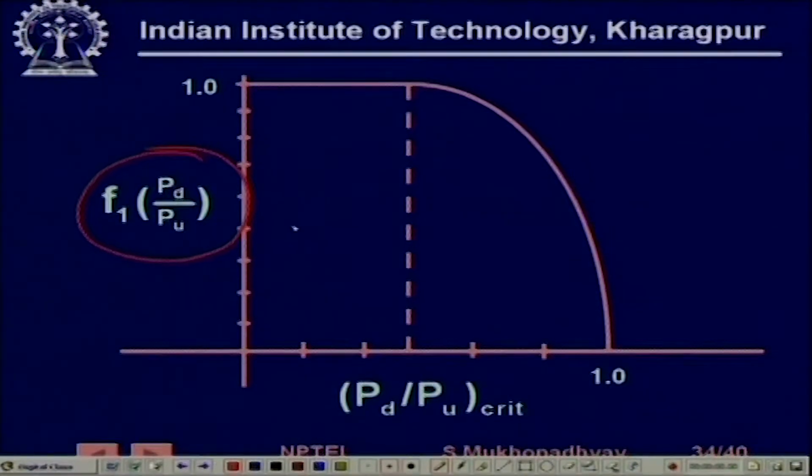But if you keep the PD by PU ratio below a certain factor, like something like 0.5, then this function becomes constant, and then the flow rate will only depend on things like pressure, discharge coefficient, area, etc. That is, the flow fluctuations will be less. So sometimes this PD by PU ratio needs to be maintained.